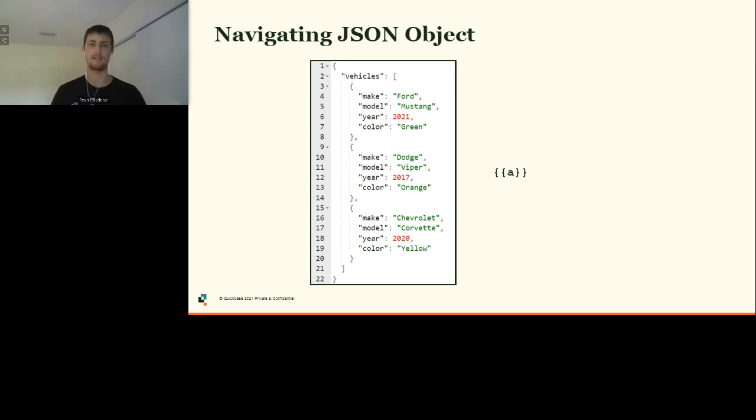Over on the right-hand side, we see a Jinja expression, and we see a little a in there between the curly braces. In this example, we're going to say that this data structure we see on the left is returned in step A of a pipeline.